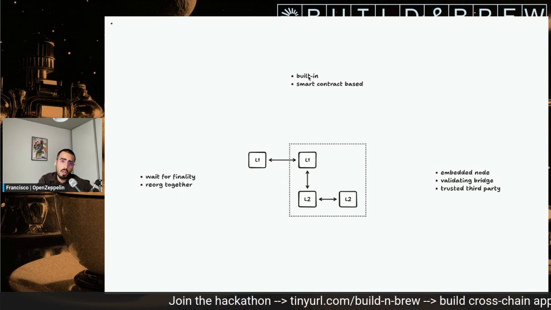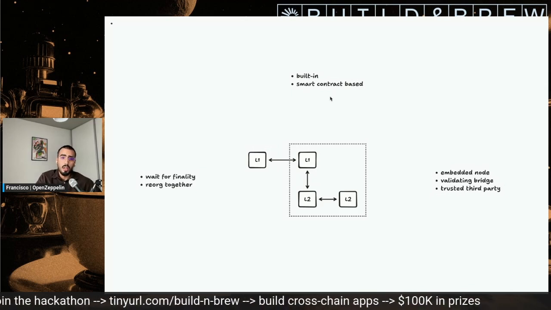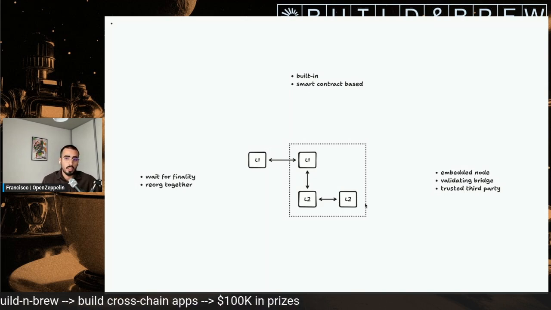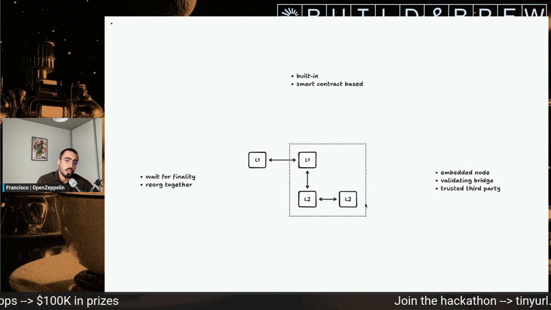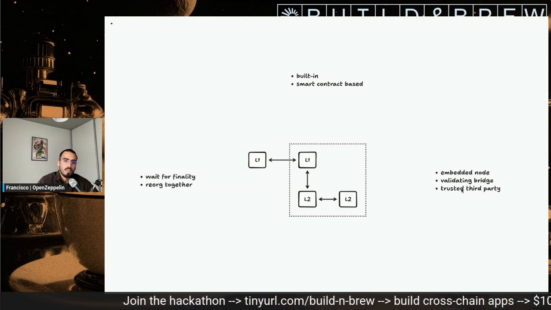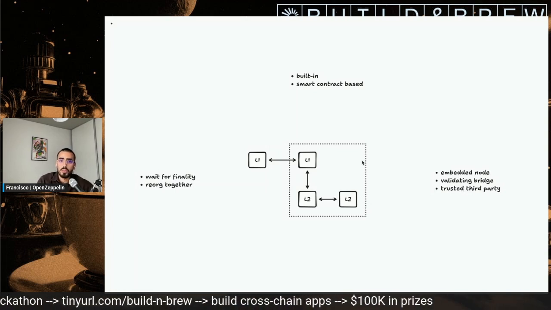It's also, for similar reasons, probably going to be smart contract based. And because embedding a full node as a smart contract into the chain is not really viable because it's a constrained execution environment, you're probably going to be placing some degree of trust into third parties, or a set of third parties, or a separate protocol that is dedicated to this.